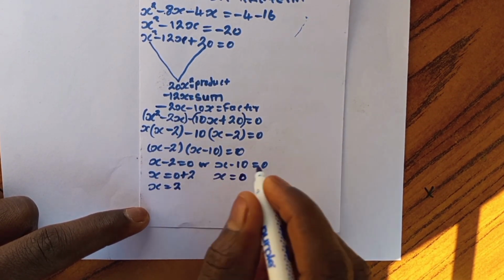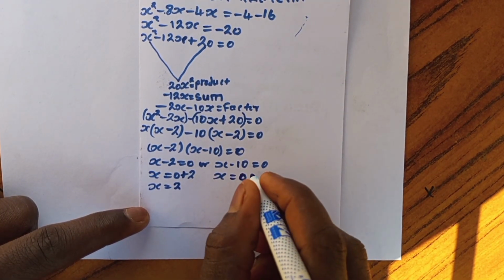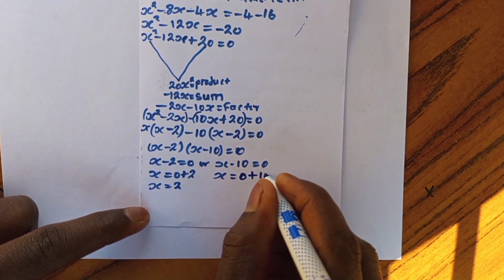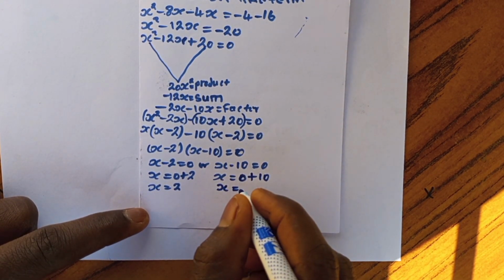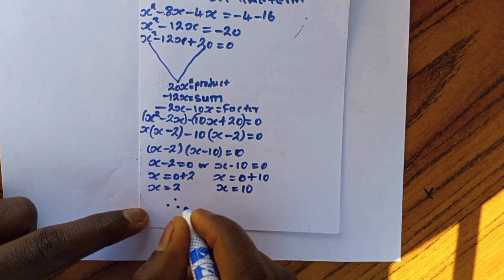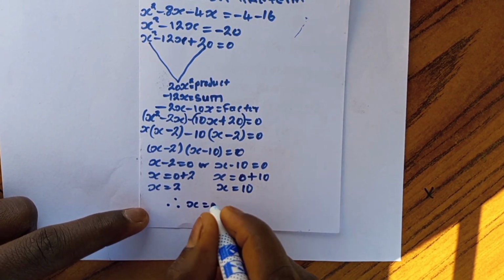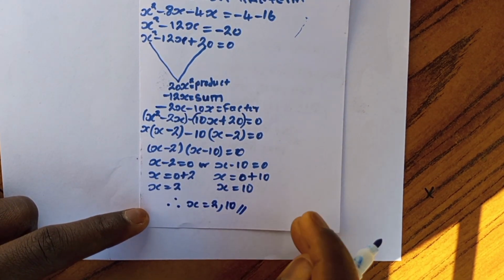There is minus 10. Cos equals to sign, this has no change from minus 10 to plus 10. So we have x equals to 10. So therefore, x equals to 2 comma 10. So this is what your answer.